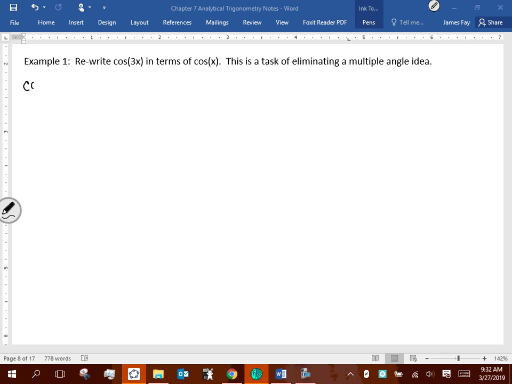If I go cosine x equals cosine 3x, let's say we're a week out from today and we're solving that equation. Just like I showed you with sine of x equals sine of 2x, you can't have varying arguments, right?